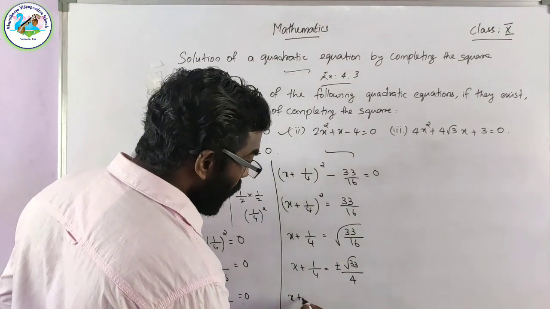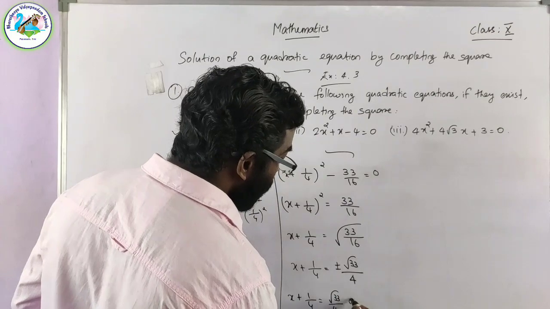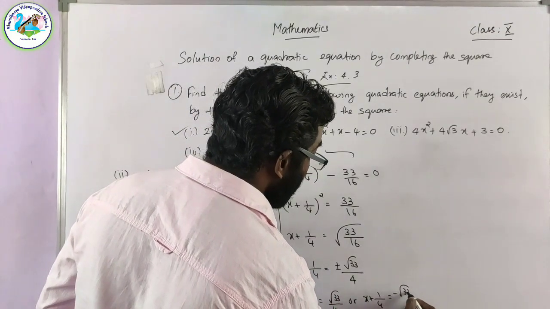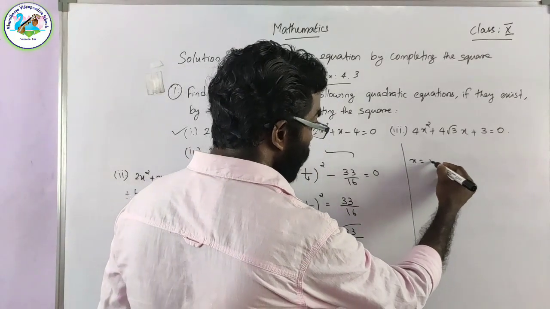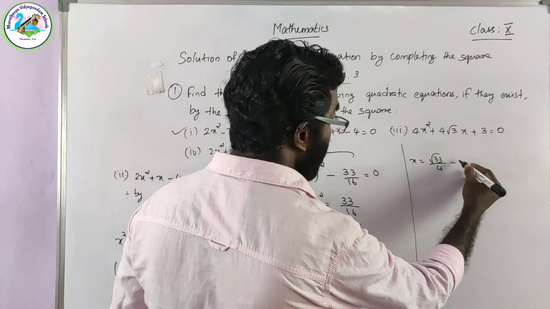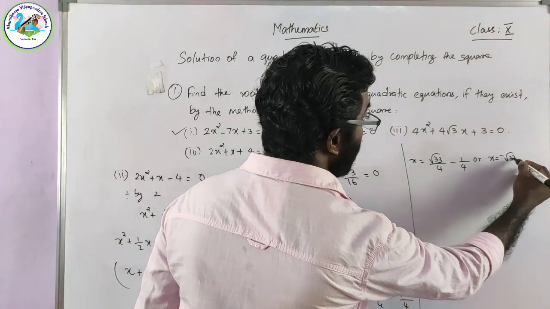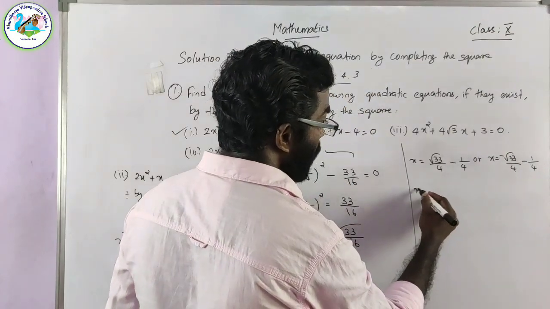Now we can split: (x + 1)/4 = √33/4, or (x + 1)/4 = −√33/4. So x = √33/4 − 1/4, or x = −√33/4 − 1/4.